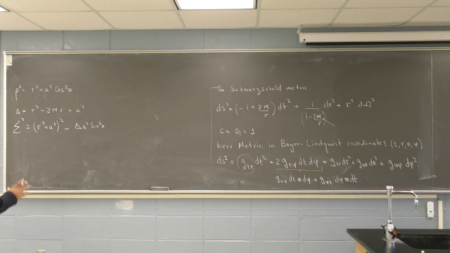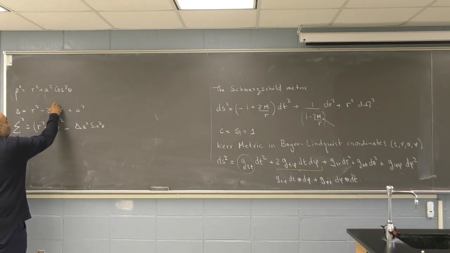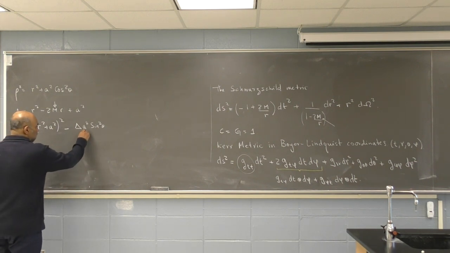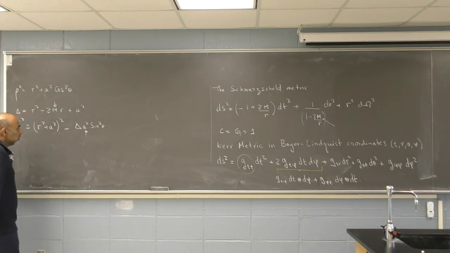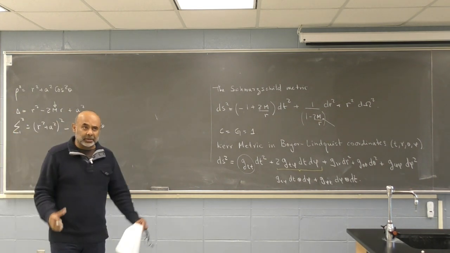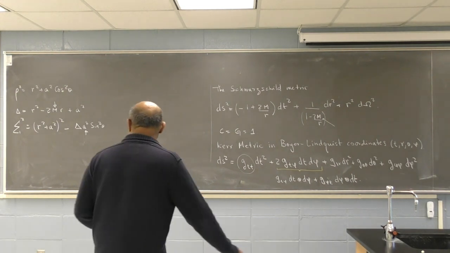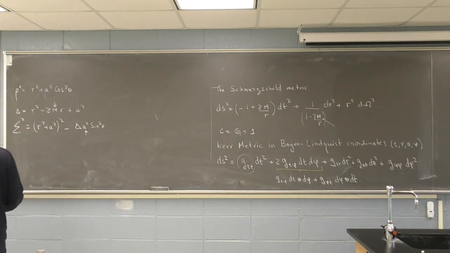So if you notice, as I'm describing some of the variables, there are two constants. There is mass, or a symbol m. We have to justify that it's in fact possibly the mass, and another constant a. This will turn out to be the angular momentum of the space-time, or perhaps a black hole, per unit mass. Okay? So what are the metric coefficients? Well, g tt.